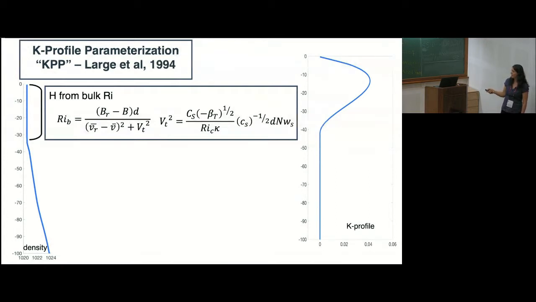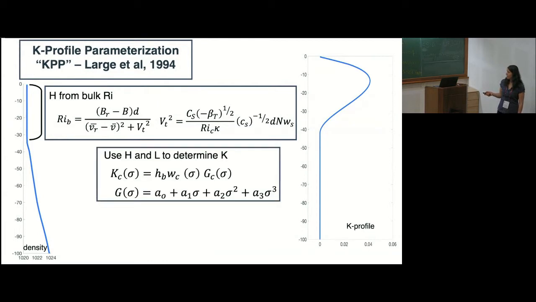There's this addition of an entrainment term, which also becomes enhanced during destabilizing surface conditions, and that's just to help capture entrainment at the bottom boundary. And when this criteria is met, you say that that's going to be the boundary layer depth.